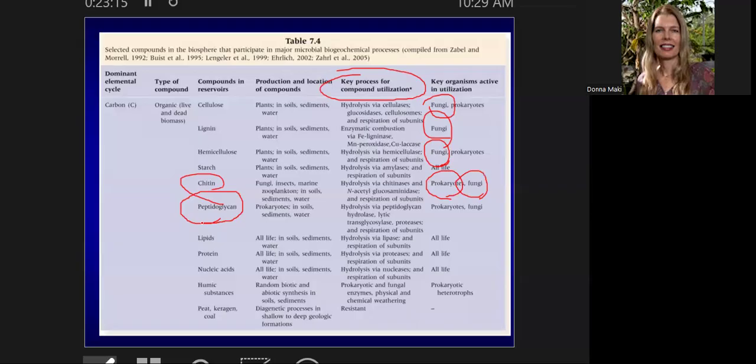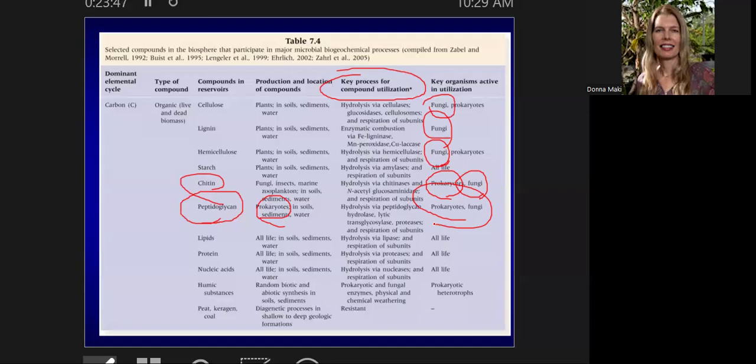So peptidoglycan is pretty complex as well. And so that's why you see it's in the prokaryotes. So bacteria have that in their cells. Of course, when they are eaten or the cells break open, all that peptidoglycan can get broken down. And you see, again, microbes are the ones doing it.